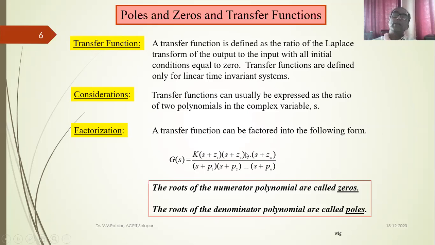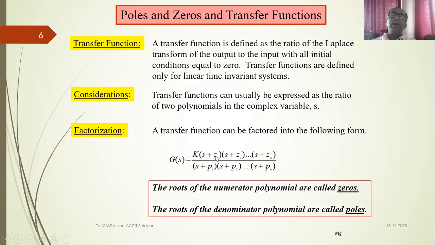Why are those called zeros? Because of putting these values in place of s. So for s+1, if I solve it, s becomes equal to minus 1, isn't it? If I put minus 1 here, what happens? This term becomes 0. Once this term becomes 0, 0 multiplied by anything makes the numerator 0, and it makes the entire ratio 0, right?